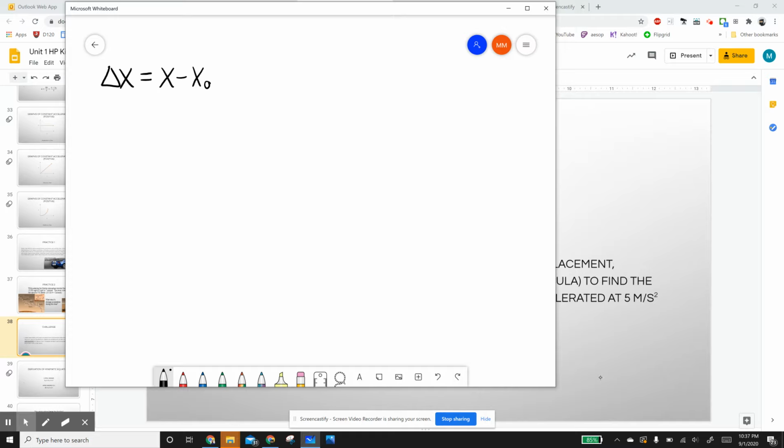This could have been found on slide 8. We were also given on slide 20 that speed is equal to distance divided by time.